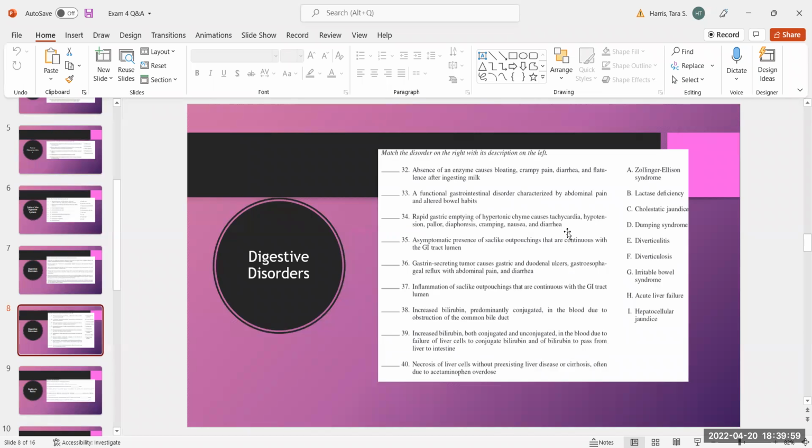From the changes left over from the surgery, when they eat sugar and stuff, it goes through the bowels much quicker than it should, and the nutrients don't get absorbed. Right. So they have rapid gastric emptying of all kinds of things, and it can cause them to be hypotensive, pale, diaphoretic, cramping, nausea, diarrhea, tachycardia, a lot of different things.